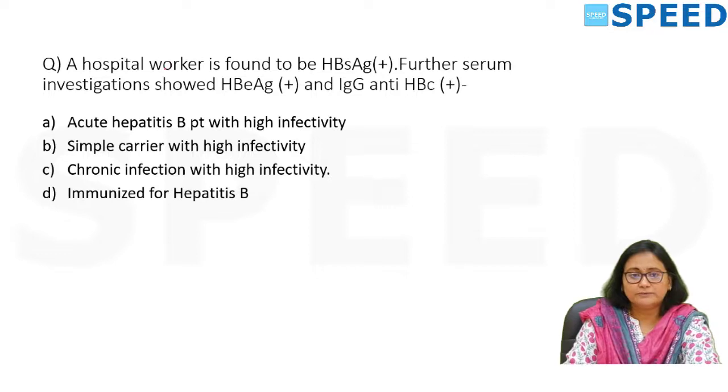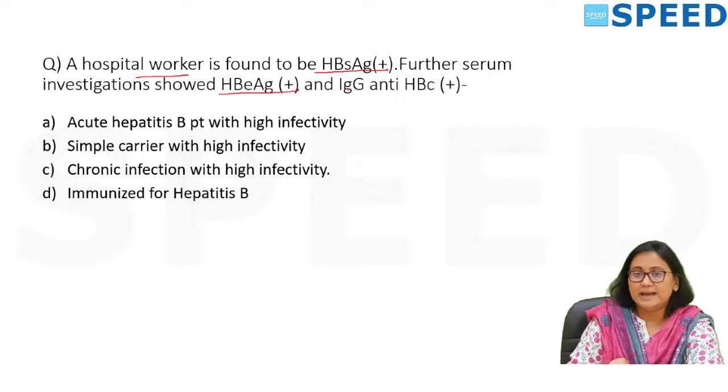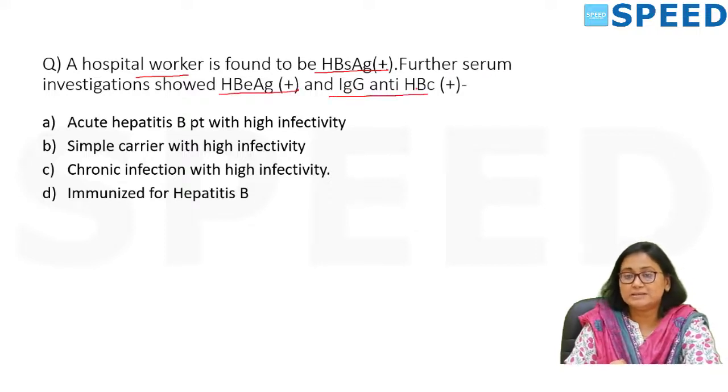Here is a case of a hospital worker and he is found to have hepatitis B surface antigen positive. When you did the further investigation, you found that envelope antigen is also positive and IgG anti-HBc is positive.